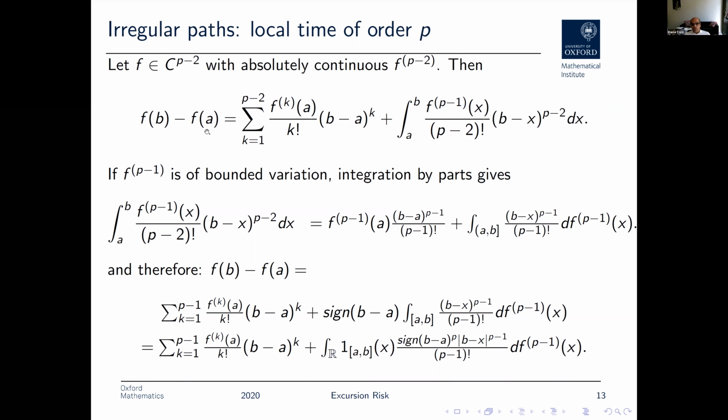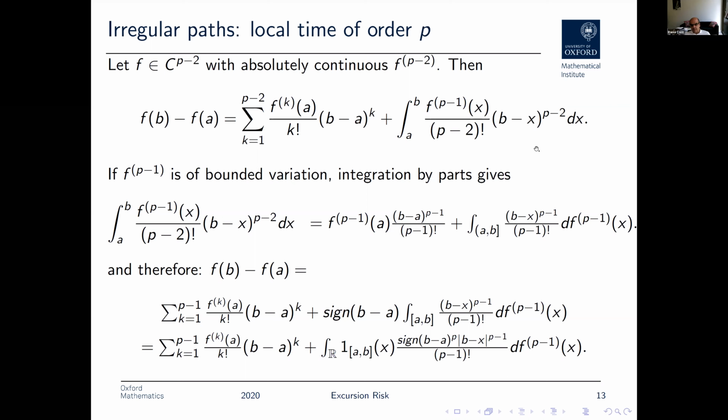Then we can write a Taylor formula up to order p minus 2, and the remainder I write in integral form. So this is the integral form of the remainder in the Taylor formula.